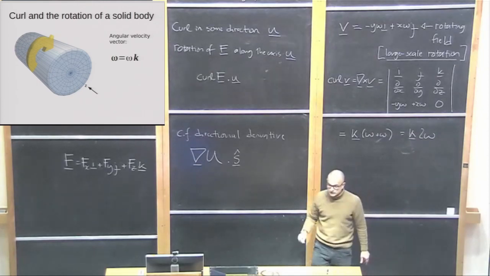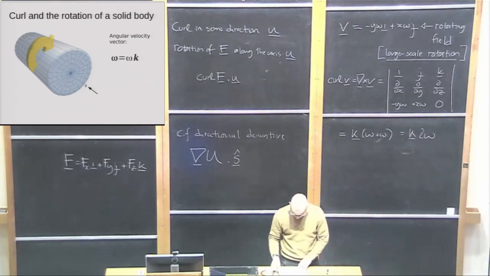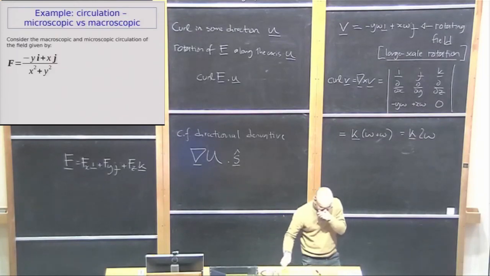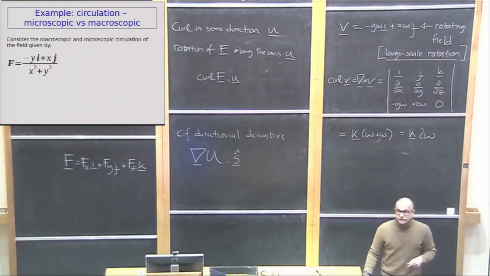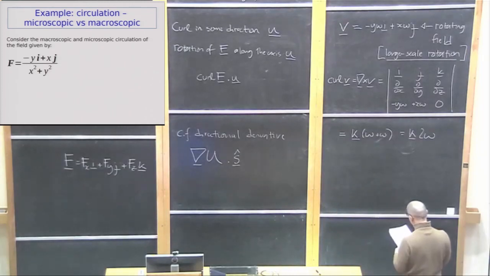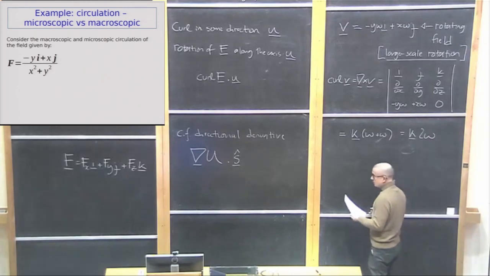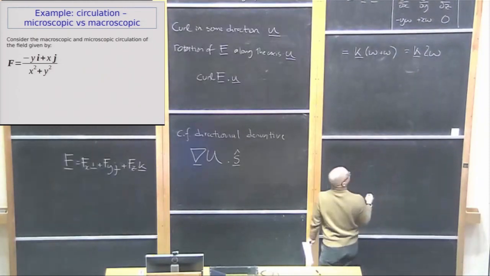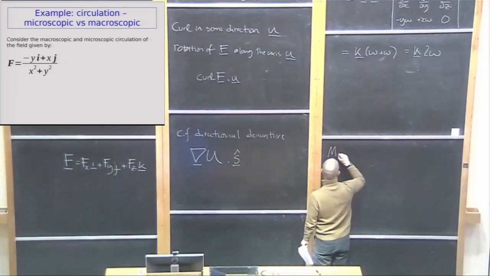It's twice the angular velocity of a solid body rotating along that axis. Okay, so again, as I say, I've forewarned you about this, but let's consider the case then of microscopic versus macroscopic rotation of a vector field.